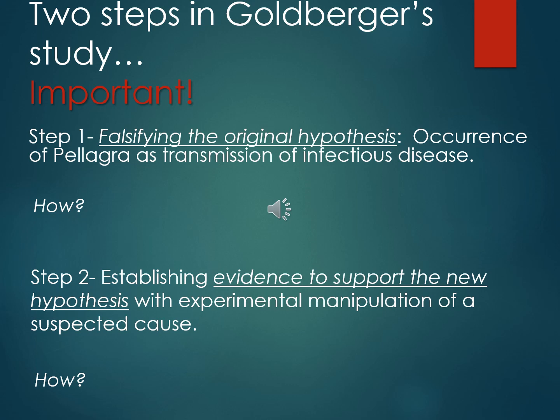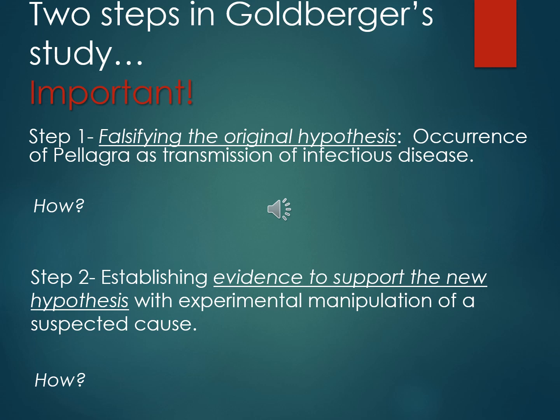But it didn't happen. So he was correct. That's step one: he falsified the original hypothesis. But falsifying the original hypothesis doesn't automatically lead to support for his alternative hypothesis, that pellagra is caused by poor diet. Therefore, he conducted the second experiment.